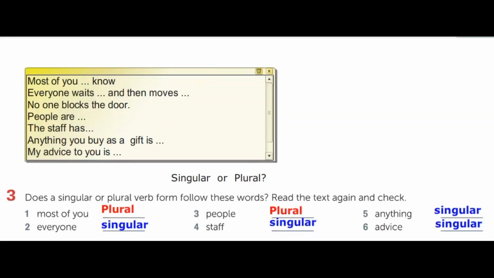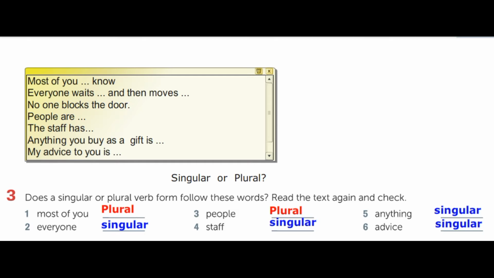So let's check the answers of exercise number 3. Number 1, most of you, the plural form, the verb know. Most of you know, remember? Number 2, everyone waits and then moves. The verbs are in the singular form. Number 3, people are. So here the verb form is in the plural.